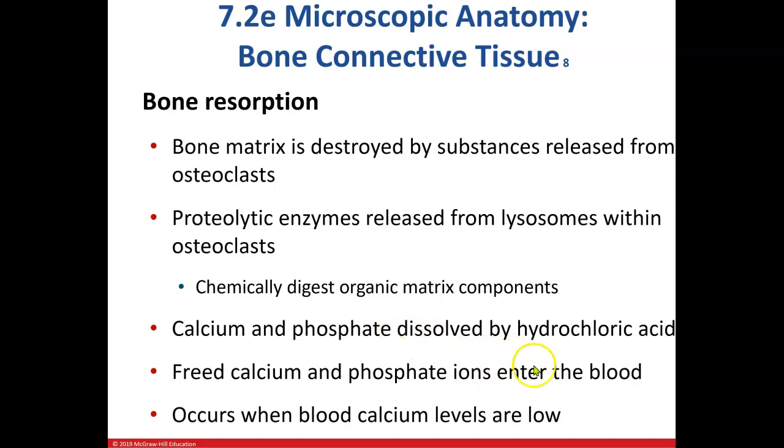The calcium and the phosphate are going to be dissolved not by these enzymes, but by hydrochloric acid. And then those calcium and phosphate ions are free to enter the blood and be used elsewhere.